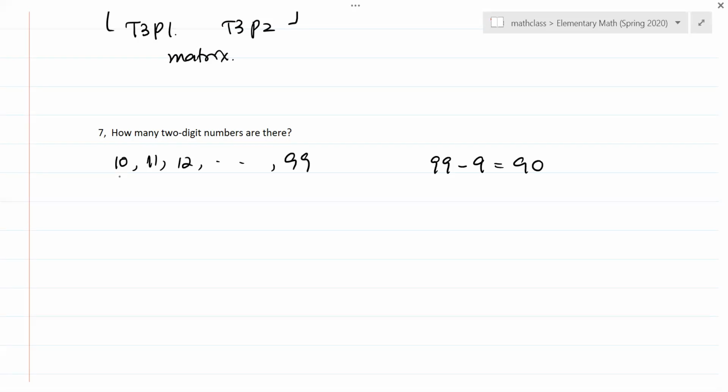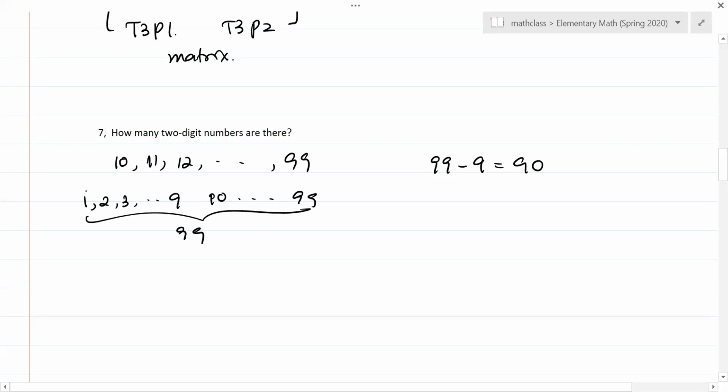The reason for minus 9 is that you have 1, 2, 3, all the way to 9, then 10 to 99. So the total here is 99, but this part is 9, not 10. So 99 minus 9 gives you 90. You do the subtraction, then you get 90. That's clear if you draw the picture here.